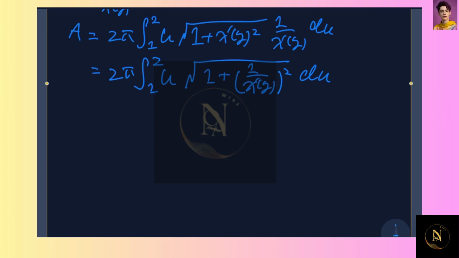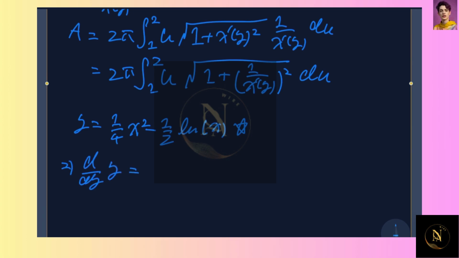From the function given, we can find the expression of x prime of y just by taking the derivative of this with respect to y. So let's do that.